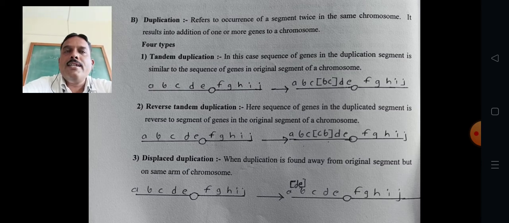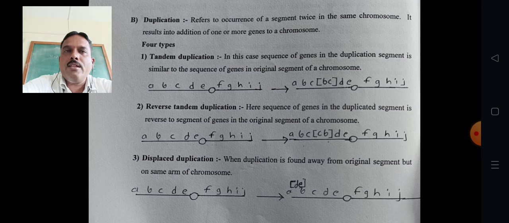Third type, displaced duplication. Displaced means the position may be changed. This is when the duplication is away from the original segment, but it is on the same arm. Suppose, for example, A, B, C, D, E, and the duplication of the DE segment occurs, we have to observe it in duplication, but it will be away from the original position. So how may duplication occur?